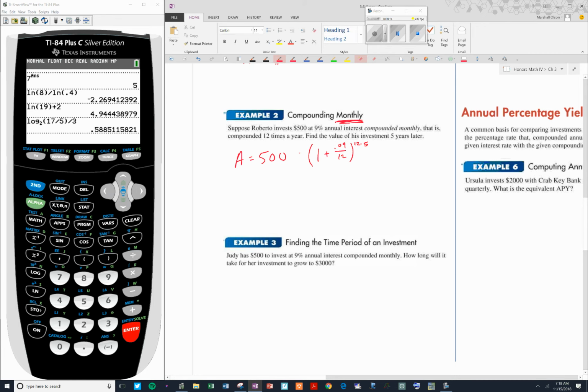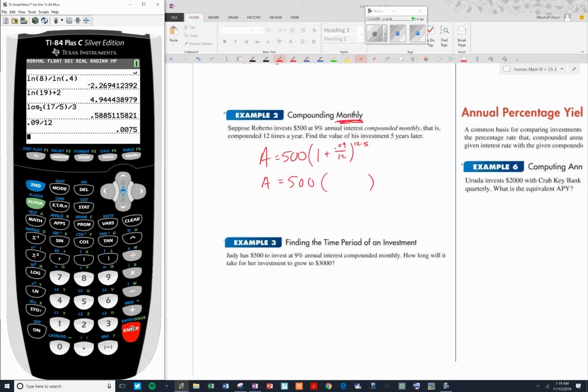And I should probably have just multiplication. Let me clean this up a little bit. There we go. So the only thing that I ask that you do here is find out what this would be if you were writing a model first. So I'm going to take 0.09, divide that by 12, and I get 0.0075. So I know that this is 1.0075. And in fact, I'm going to treat this like a model first for any amount of time.